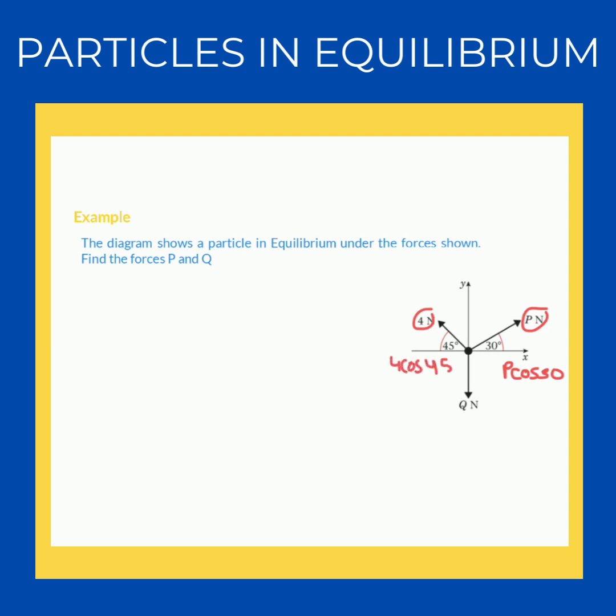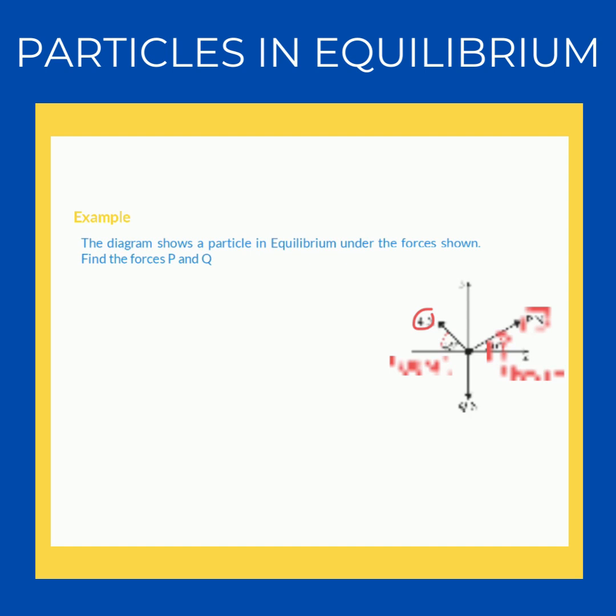Why cosine? Because the 30 degrees is the angle that the force P makes with the x-axis. And why cosine 45? Because the force 4 newtons makes an angle of 45 degrees with the x-axis.